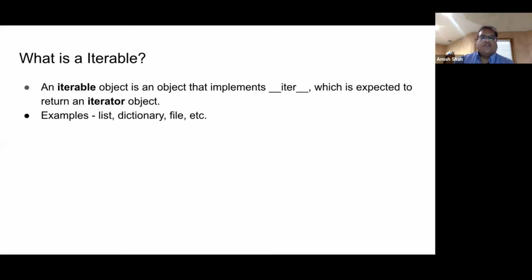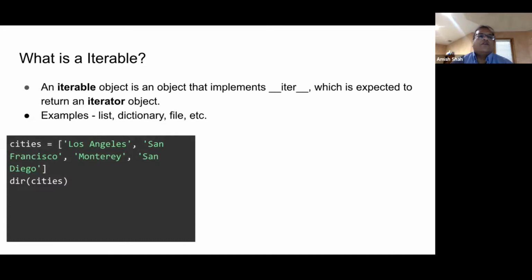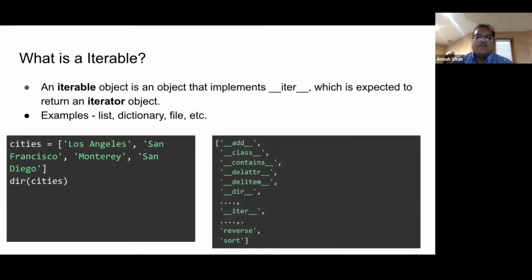So let's take an example. We take cities again, run the dir function on cities, and we get a list of dunder methods, __iter__ being one of them. And so we see that cities is actually an iterable.